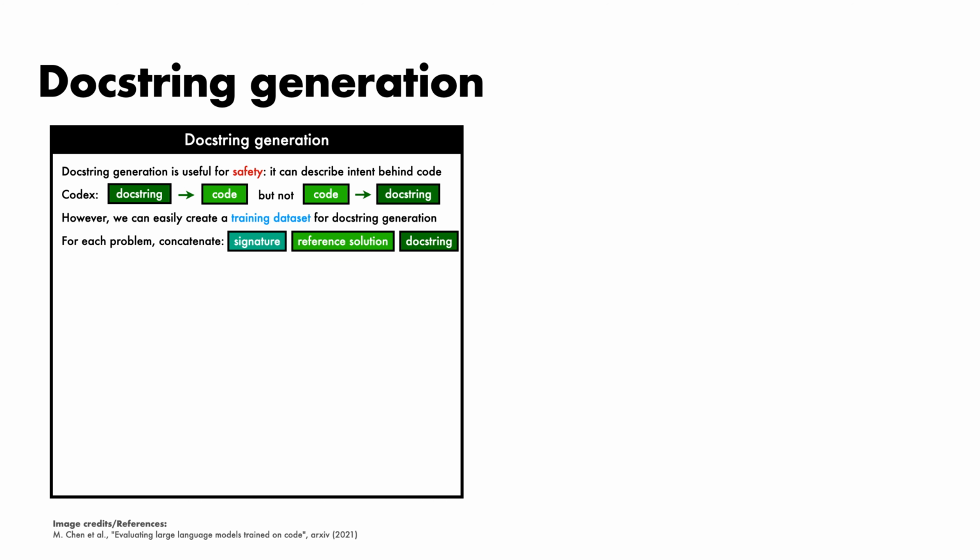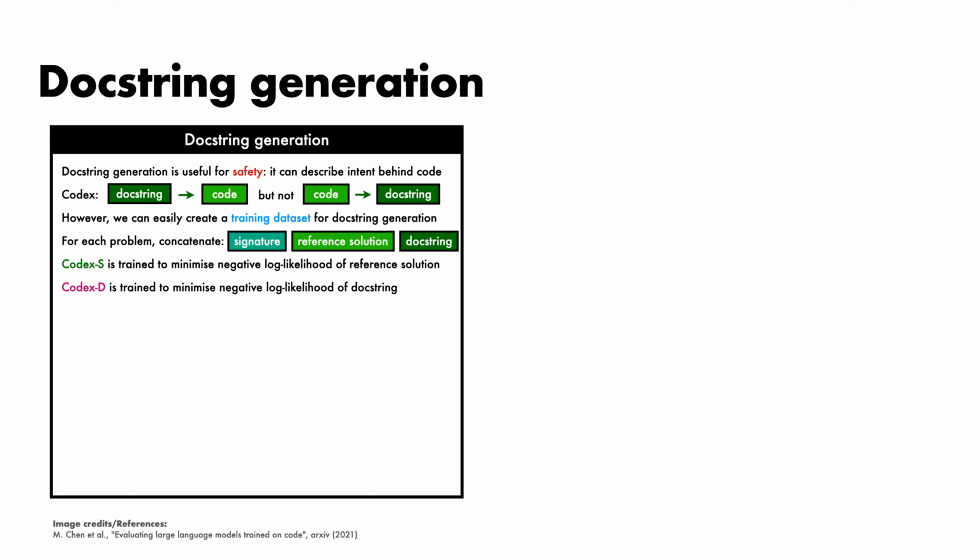Previously, we saw how Codex-S is trained to minimize the negative log likelihood of the reference solution by conditioning on the function signature and the docstring. Now, a new model, Codex-D, is trained instead to minimize the negative log likelihood of the docstring by conditioning on the function signature and the reference solution.